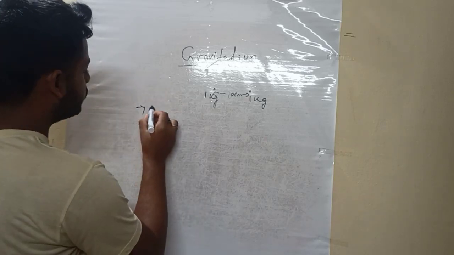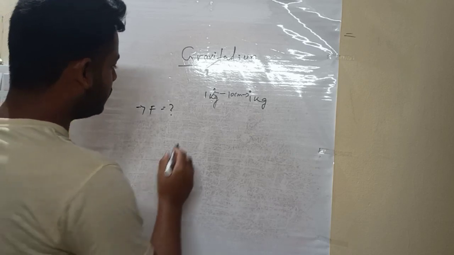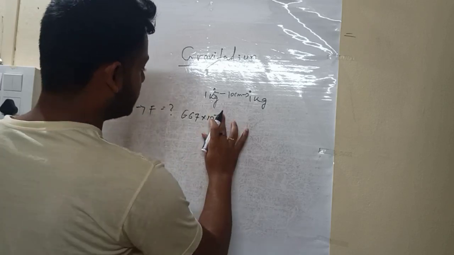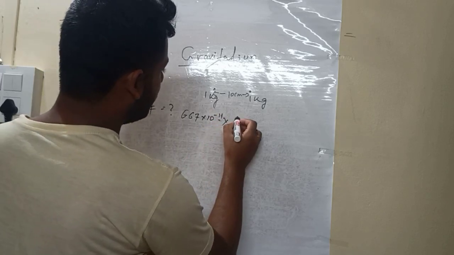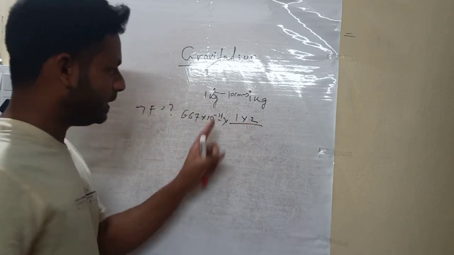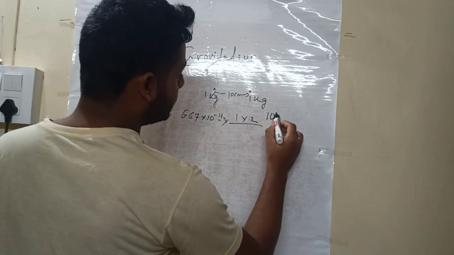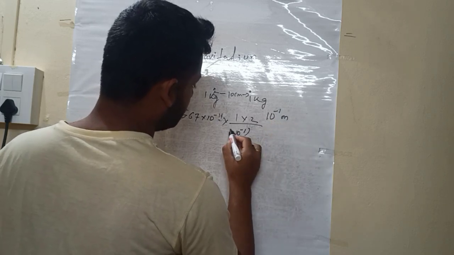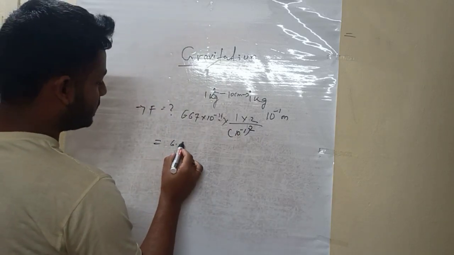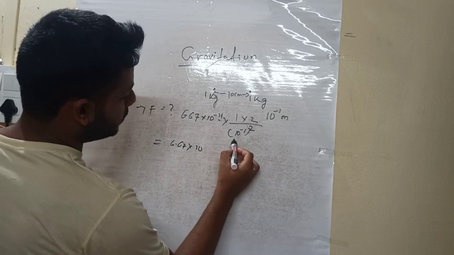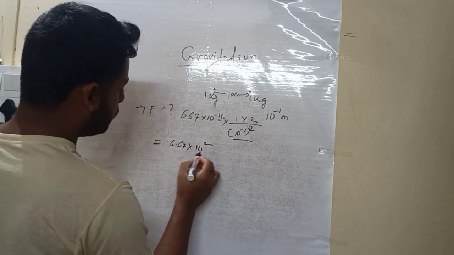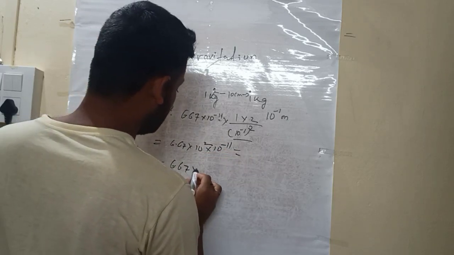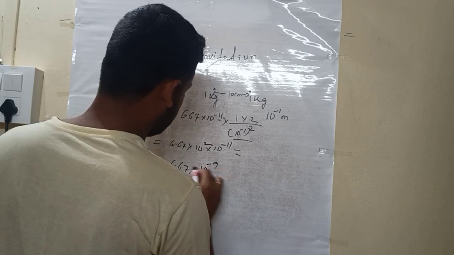So what will happen here? How much will the force be? The force will be 6.67 into 10 to the power minus 11 into m1 into m2, that is 1 into 1, divided by the distance. 10 centimeter we write as 10 to the power minus 1 meter, and it is squared. So the answer will be 6.67 into 10 to the power minus 11 into 10 to the power 2, which comes to 6.67 into 10 to the power minus 9.